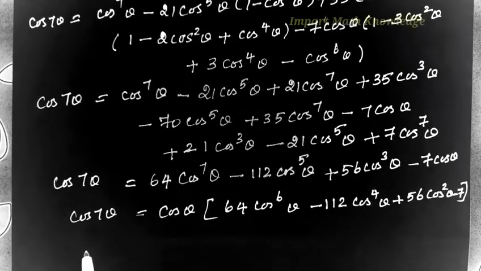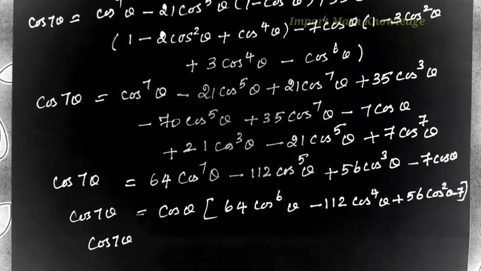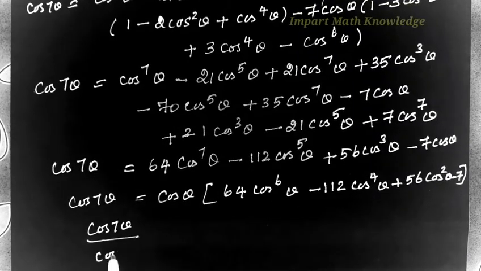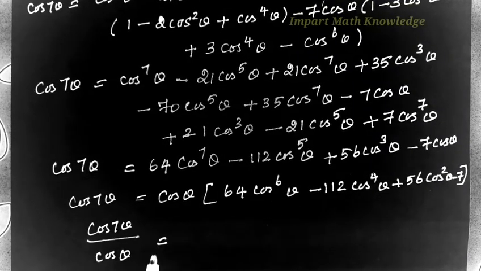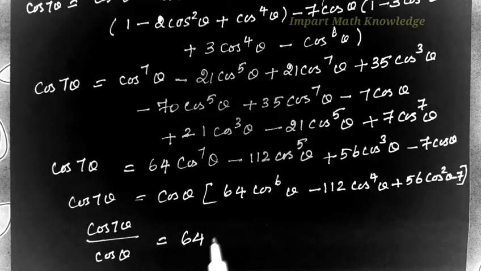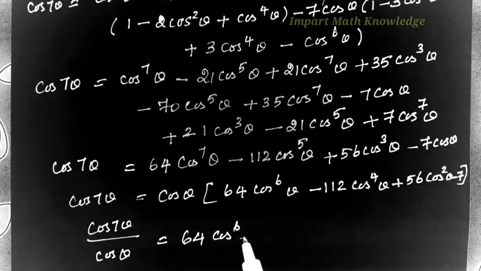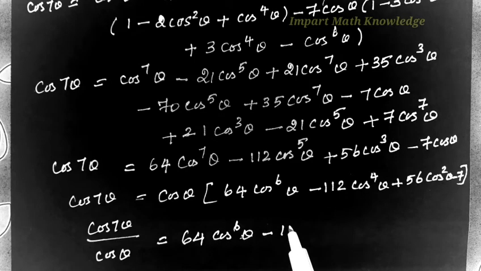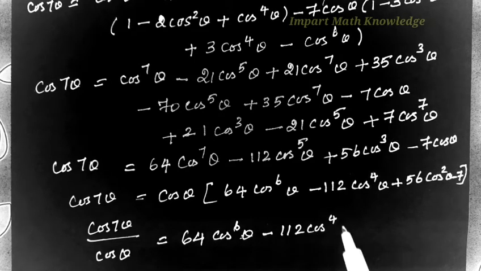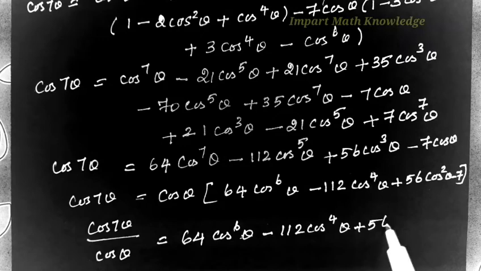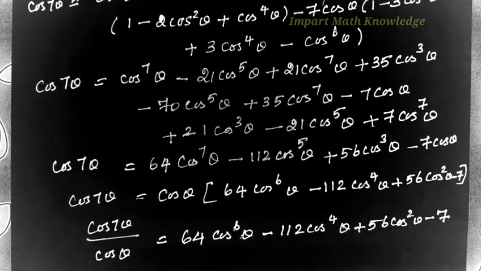Then this can be written as cos 7 theta by cos theta. When cos theta goes to left hand side, it becomes cos 7 theta by cos theta. Then you write the other terms as it is, 64 cos power 6 theta minus 112 cos power 4 theta plus 56 cos square theta minus 7.